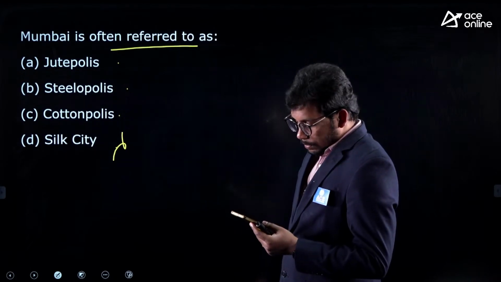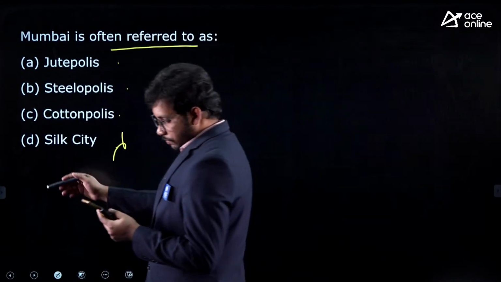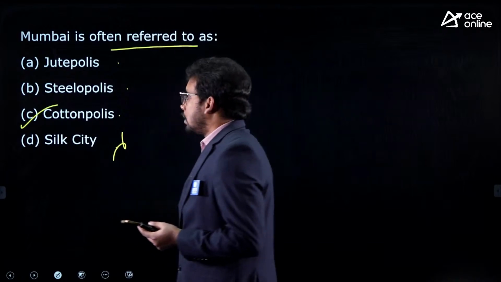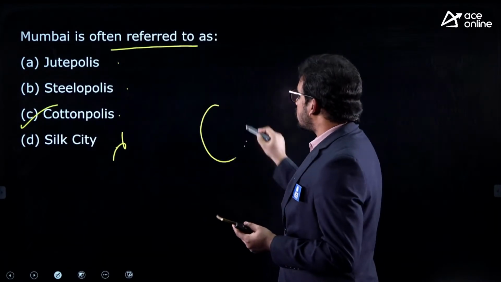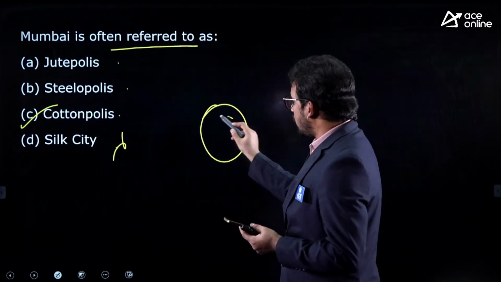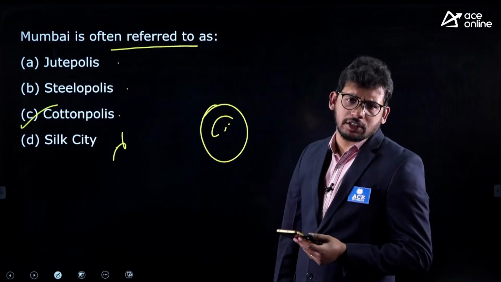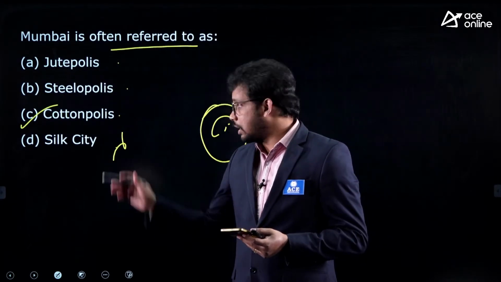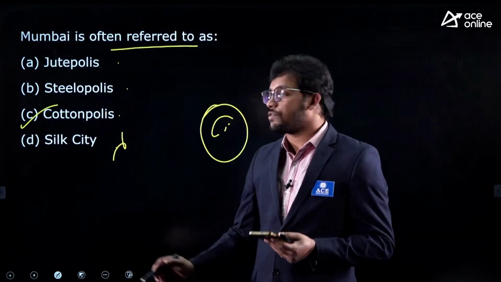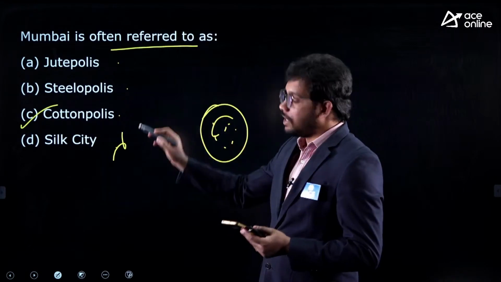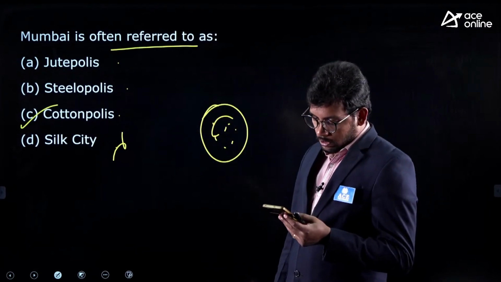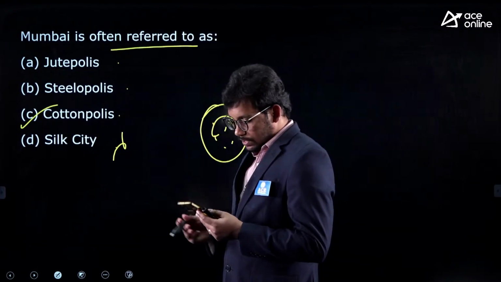Out of the remaining three, a very popular one, yes, Venkat and Mahalakshmi have answered, that is Cottonopolis. Why? Because before independence, Mumbai itself had a lot of cotton industries. Almost 90% of all cotton mills, not industries, cotton mills, were located in Mumbai. So that's why it is called Cottonopolis, right? So the answer is C.